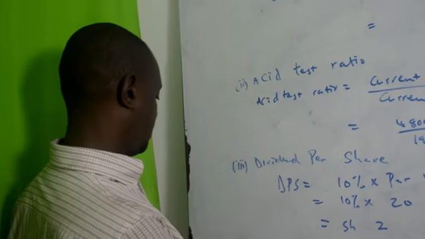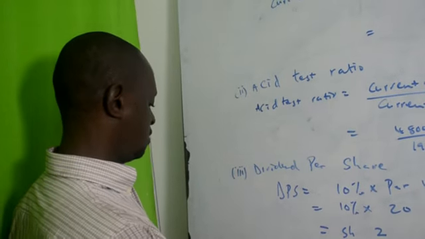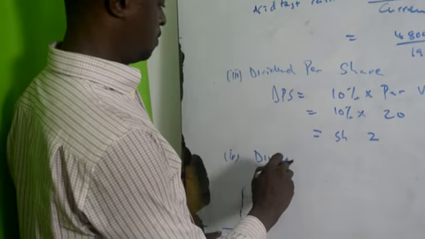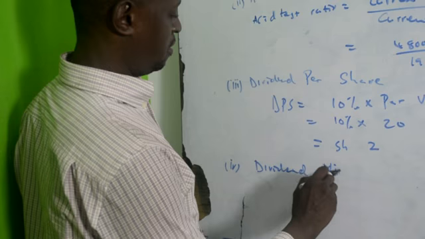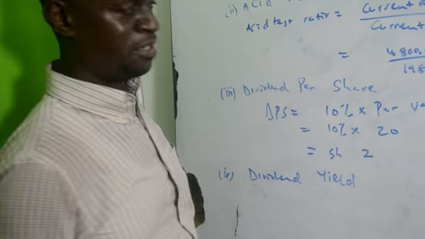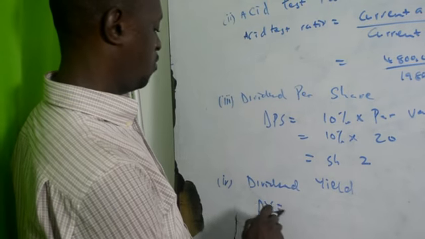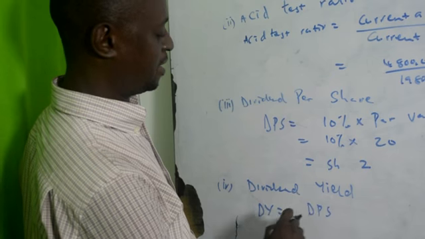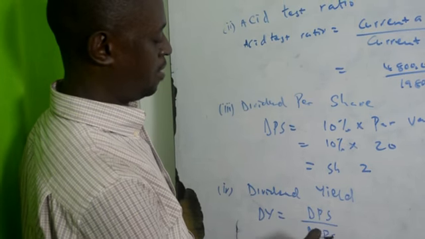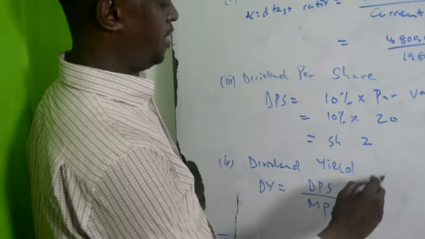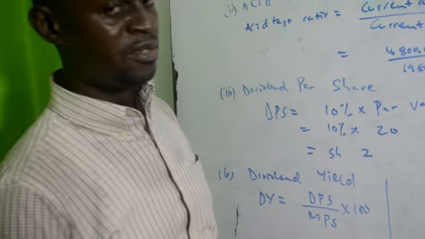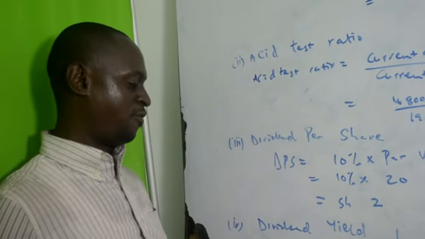Finally, we have dividend yield. Now, yield is normally computed based on the market value. So dividend yield equals DPS, that is dividends per share, divided by market price per share, multiplied by 100, so that your answer can be in percentage form.